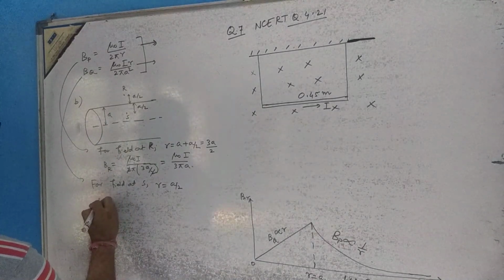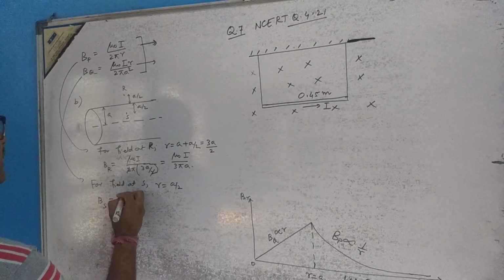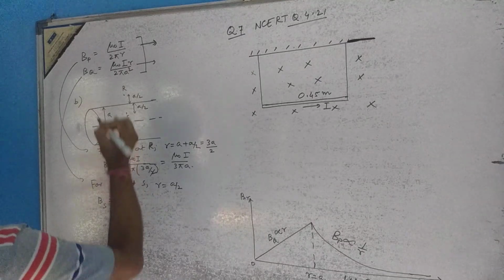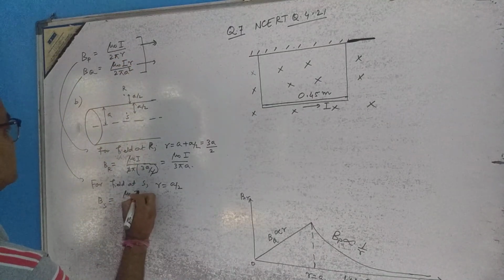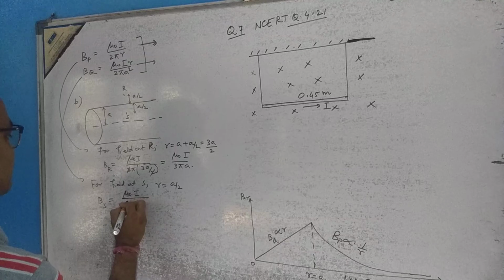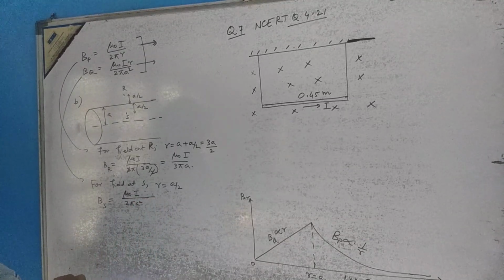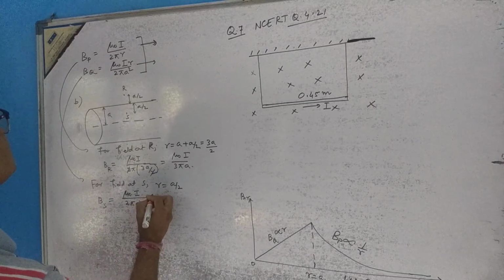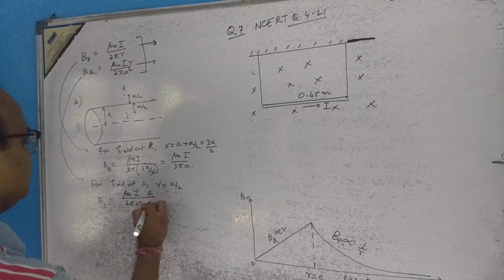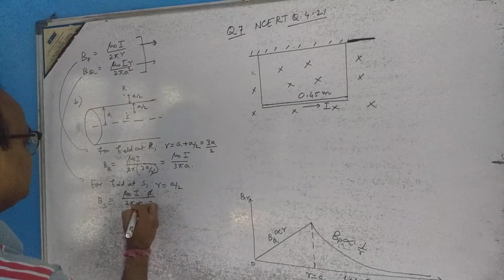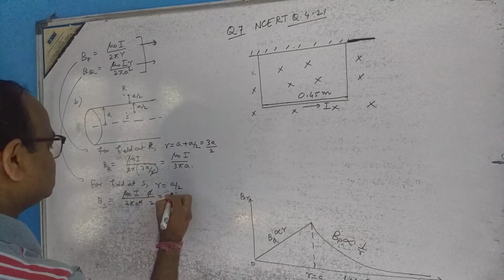How much will B_S be? B_S should be mu naught I divided by 2 pi A square, into, here I can write A by 2. This A and this A will cancel.